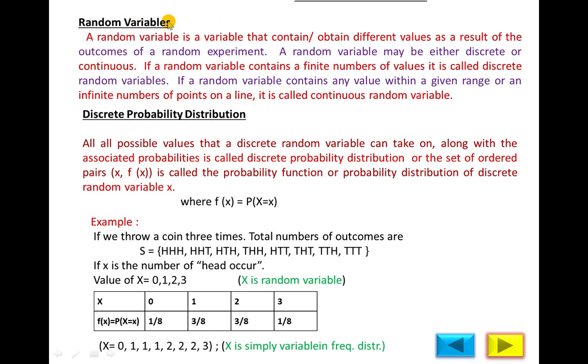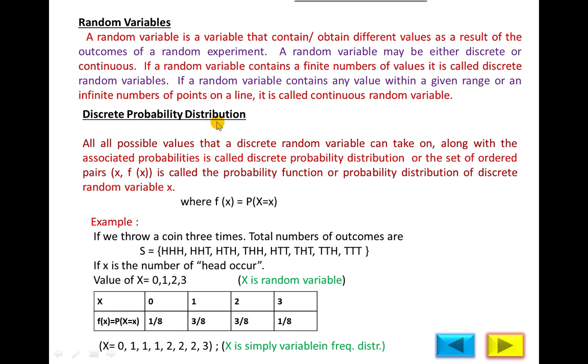Variable, only variable, not random variable, is used in frequency distribution, and random variable is used in probability distribution. So how will you decide whether the given variable is a variable or random variable?